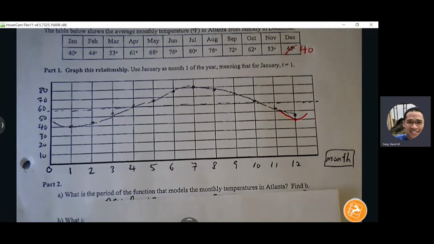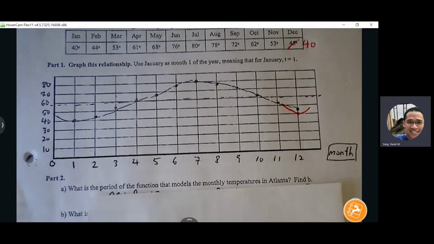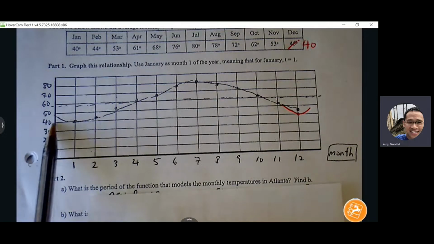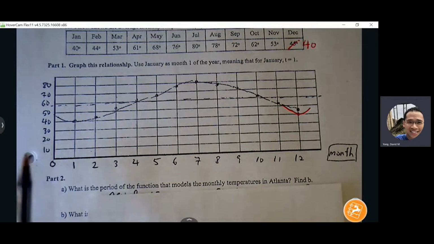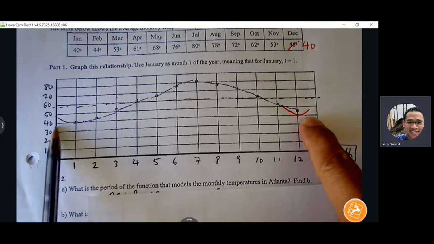Okay, part A: what is the period of the function that models the monthly temperature in Atlanta? What's the period here? I meant for this to be 12. January is from 0 to 1, and February is from 1 to 2, so 12 minus 0 is 12.